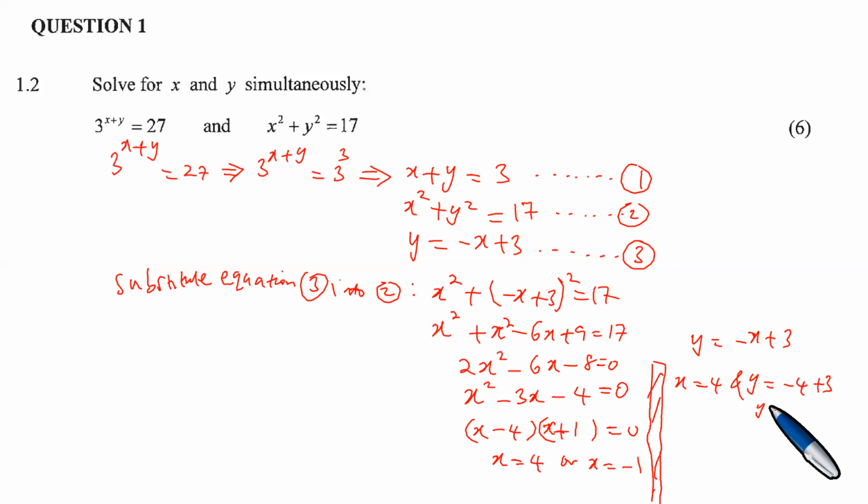What is minus 4 plus 3? It is minus 1. When x is equal to minus 1, we shall have that y is exactly what? Right, so we substitute into the equation. So it's minus the x, which is minus 1. We add the 3 there. And therefore, we have that our y equals 4.